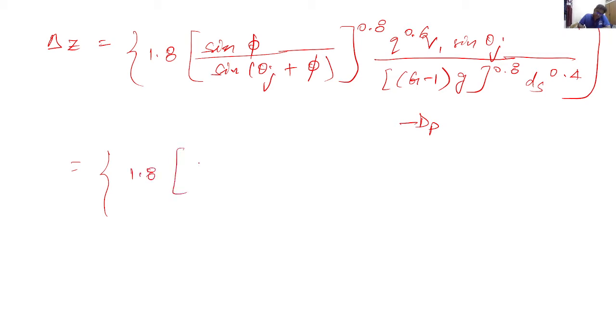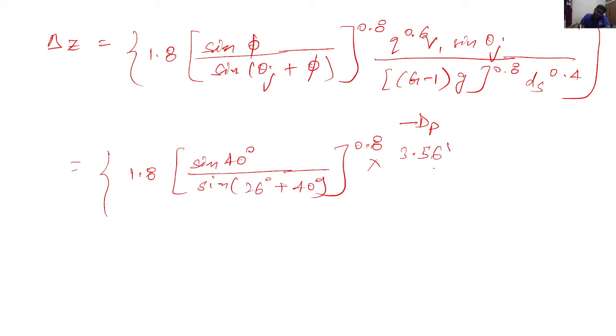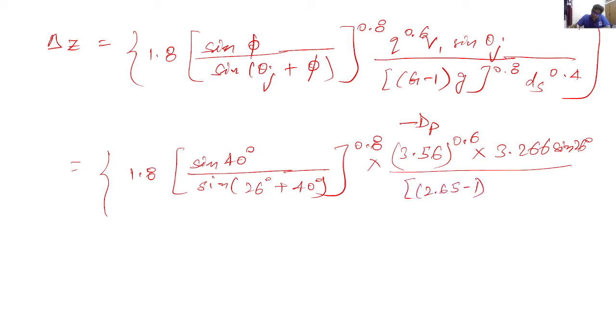So 1.8 times (sine 40 degree by sine (26 degree plus 40 degree)) power 0.8 times 3.56 power 0.6 into 3.266, which is v1, the approach velocity, times sine 26 degree by (the specific gravity, which is in general 2.65, we know that already coming into the fifth unit of this course, into 9.81) power 0.8 times ds, 0.0025 meters, power 0.4, minus dp, which is 2.5 meters.